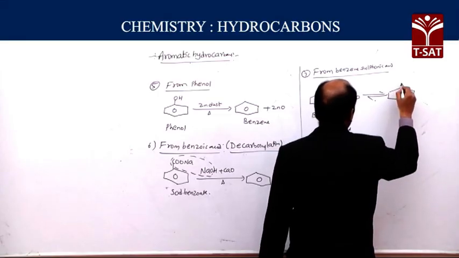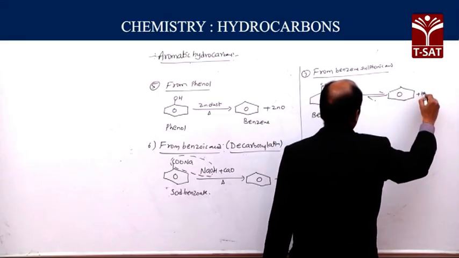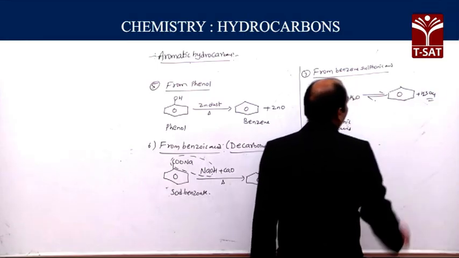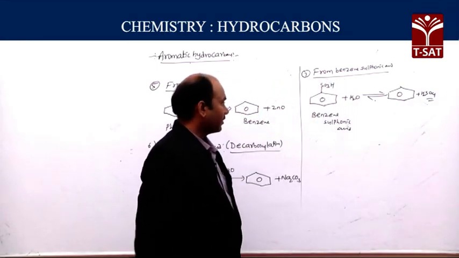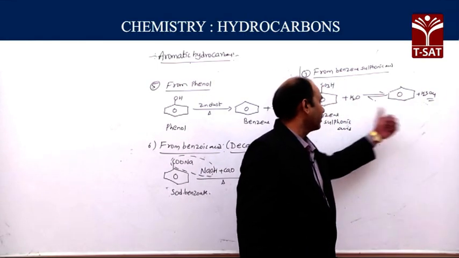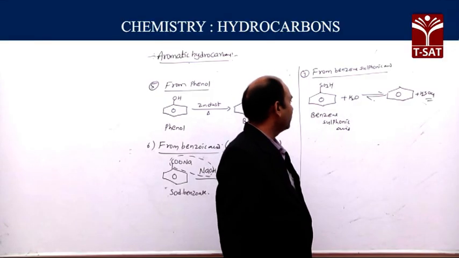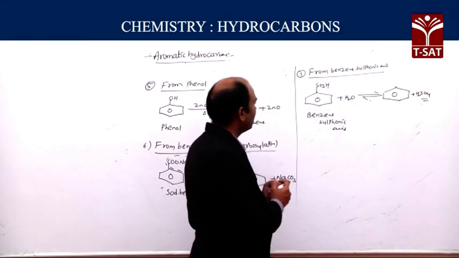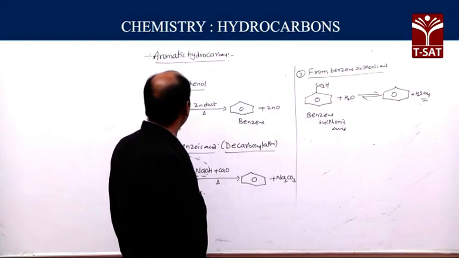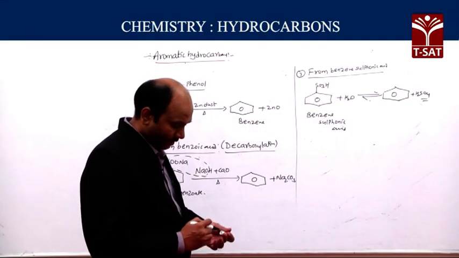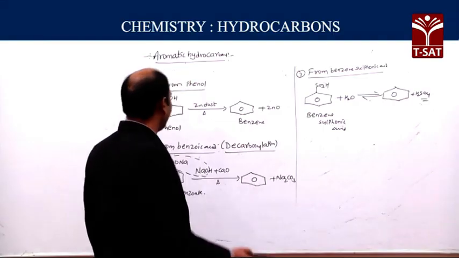We get benzene plus sulfuric acid. If we treat with excess concentrated sulfuric acid, the reaction favors the backward direction. If we use dilute acid, benzene sulfonic acid is converted into benzene. These are the preparation methods of benzene, and that is finished.